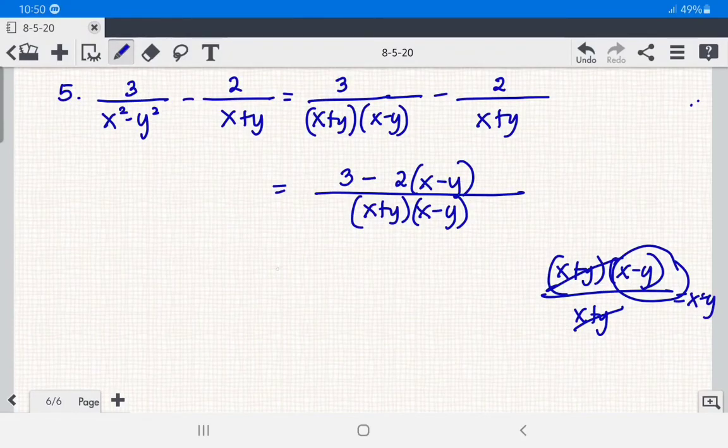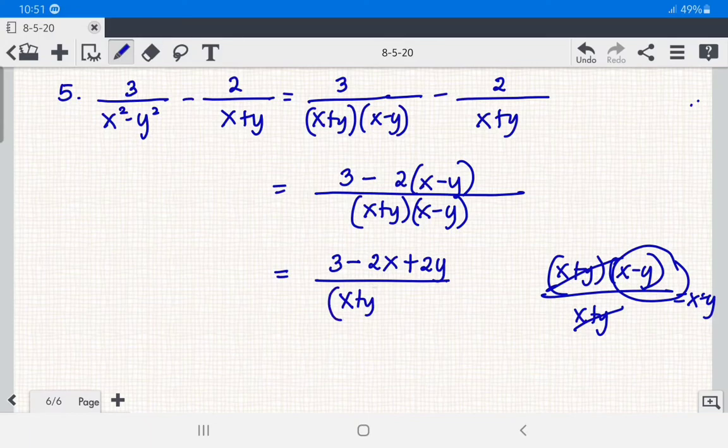Okay? Then, we have here now 3 minus 2 times x. We have 2x. Then, negative 2 times y, we have positive 2y. Then, over x plus y times x minus y.